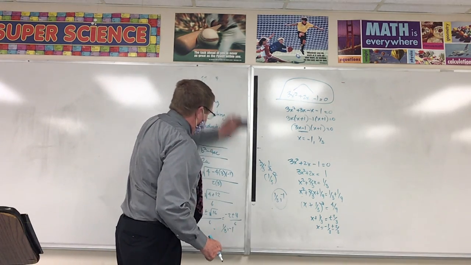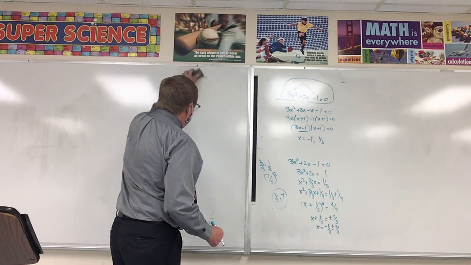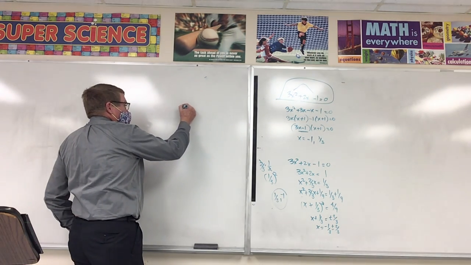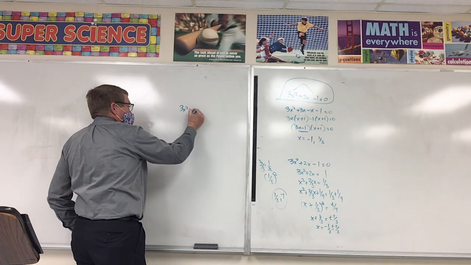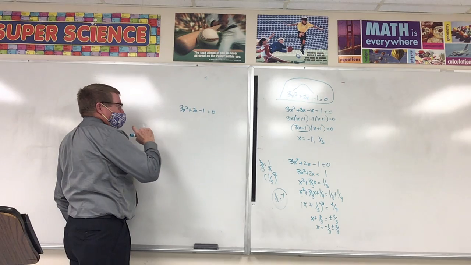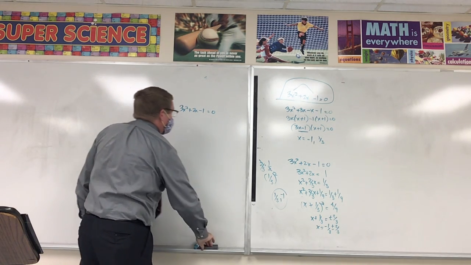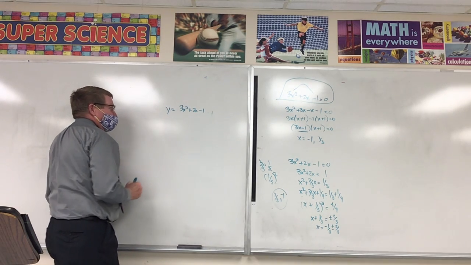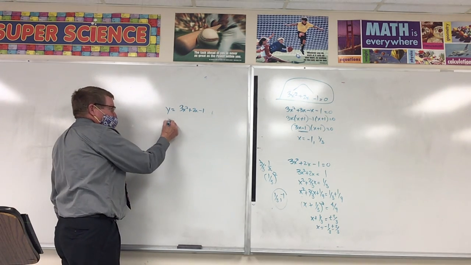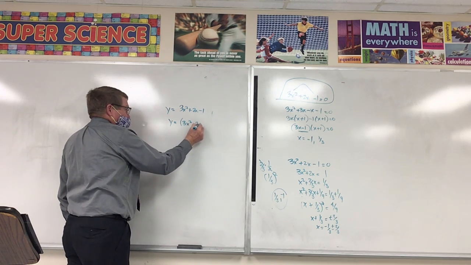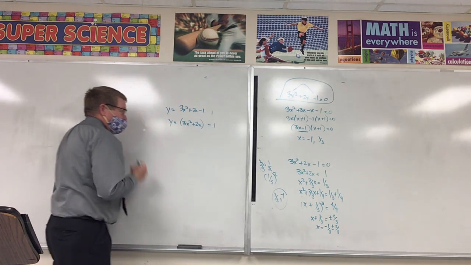And one other thing I want to review, let's put that in vertex form by completing the square. Again we're going to do the same thing. Oops, let's do it this way. Y equals 3x squared plus 2x minus 1.